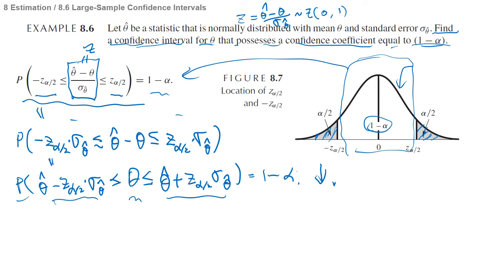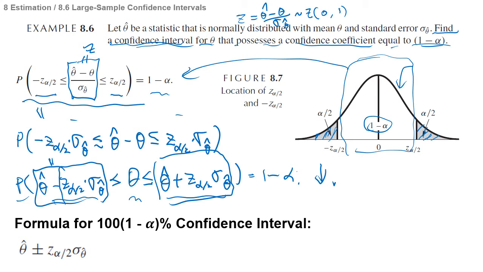So the confidence interval for this case is, this is our lower bound, and this is our upper bound. So the formula for the 100 times 1 minus alpha percent confidence interval would be this.